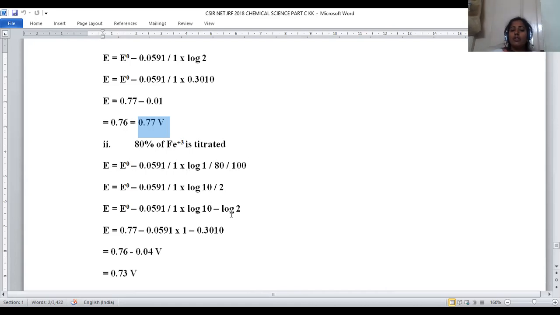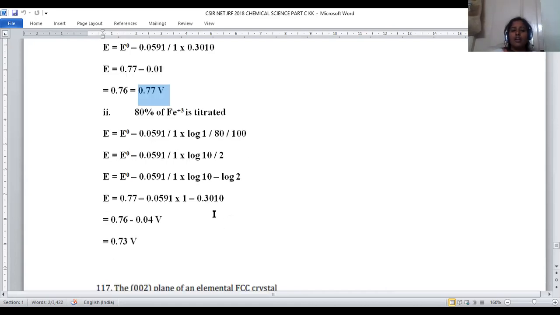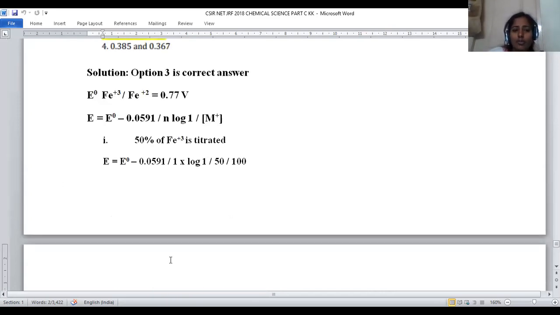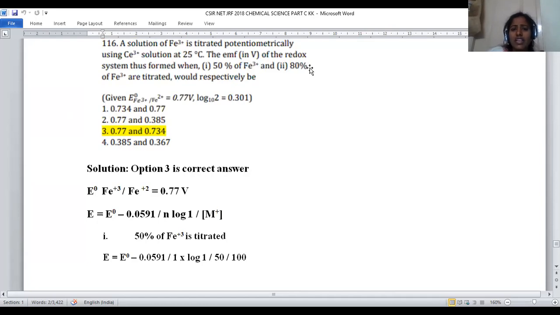Now it will become log 10 minus log 2. The log 10 value is 1 and the log 2 value is 0.3010. So when we apply the formula like this, the calculation will be 0.73 volts. For 80% consumption of Fe3+, the EMF will be 0.73.